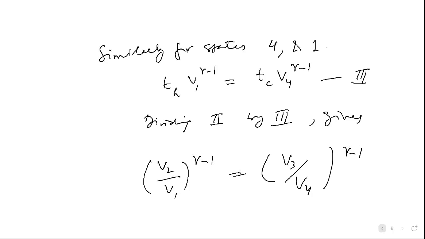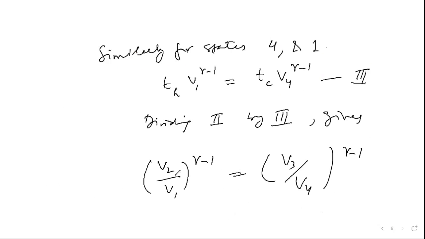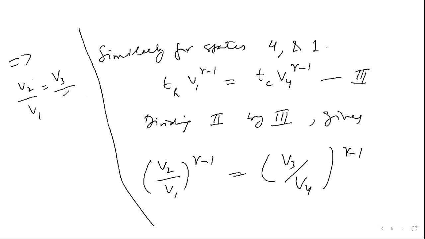When we divide these two equations, Th cancels out on the left-hand side, Tc on the right-hand side. So we get this, right? So V2 by V1 is equal to V3 by V4.